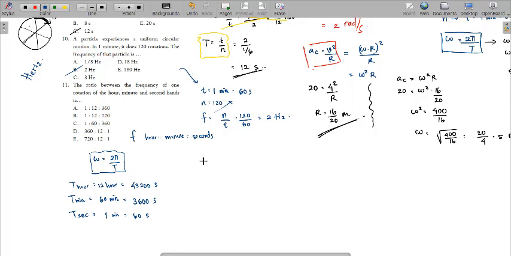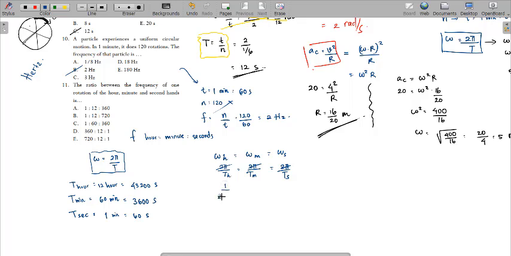Now this is the comparison. Omega, okay, the rotation of the clock will move together. So omega hour equals omega minute equals omega second. So 2 pi divided by period of hour, 2 pi divided by period of minute, 2 pi divided by period of second.